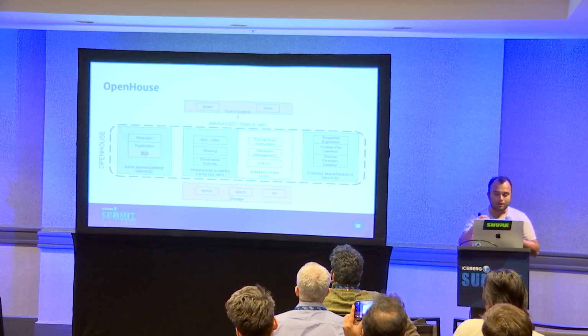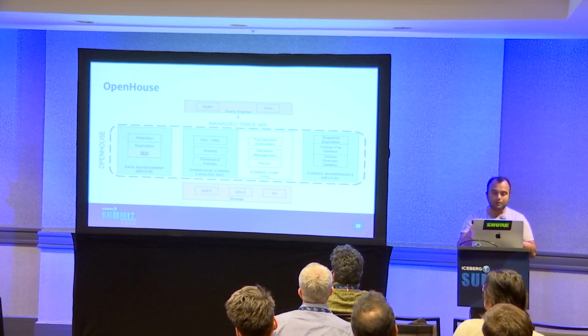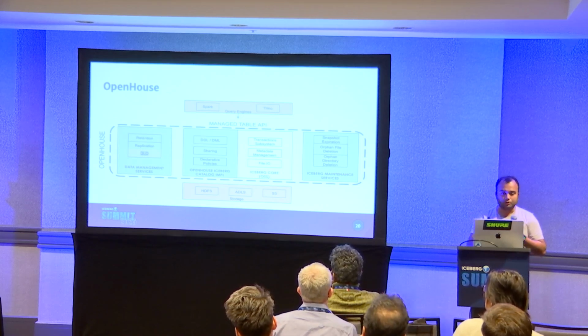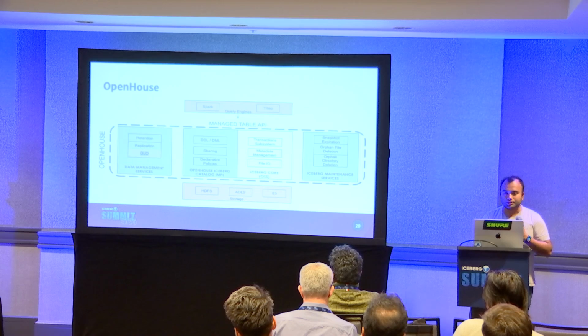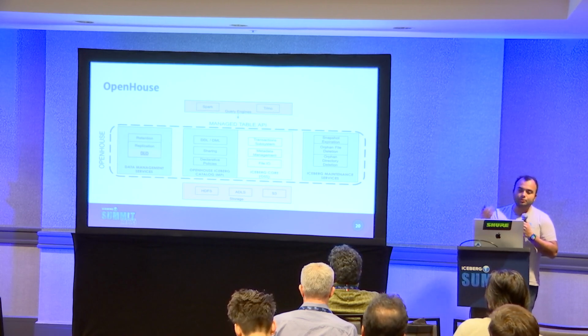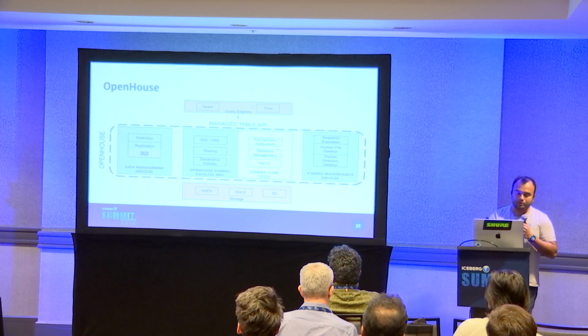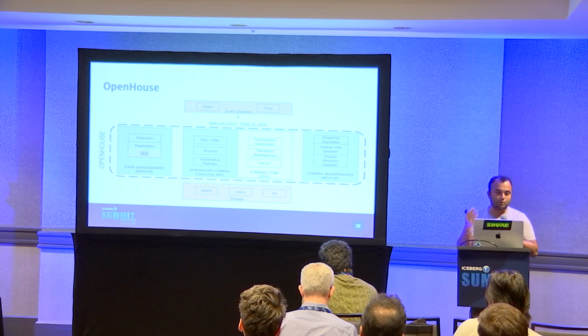It is essentially a catalog implementation, another catalog implementation of Iceberg. But in addition to catalog, it essentially has some of the maintenance services that we want to run on a schedule so that our end users don't have to worry about them, end users who are adopting Iceberg and Openhouse.